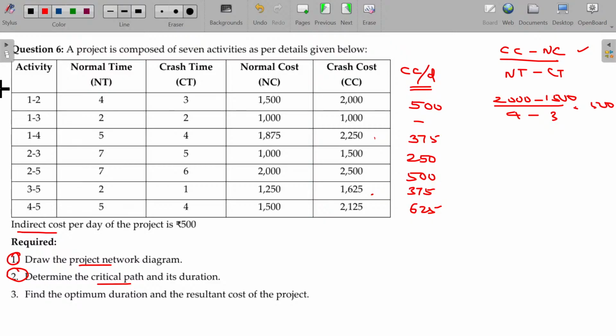Now, activities 1, 2, 3 all start from node 1.